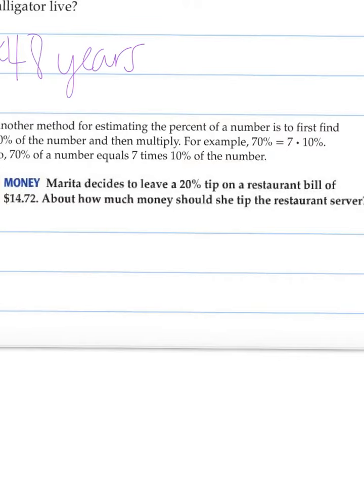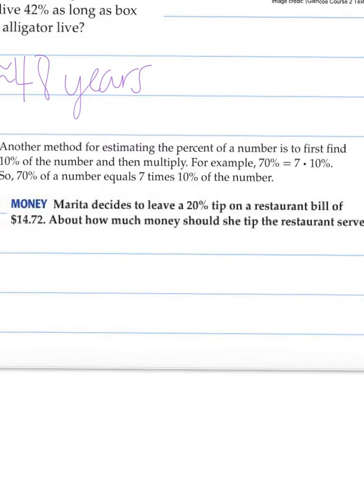One way is that we could take 20%, which is 20 over 100, or 1/5. 14.72 is really close to 15, so we'll round it up to $15. So we could find 1/5 of 15. When we do that, we find that it equals 3, so she would tip $3.